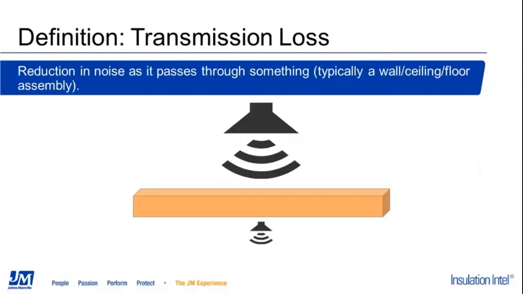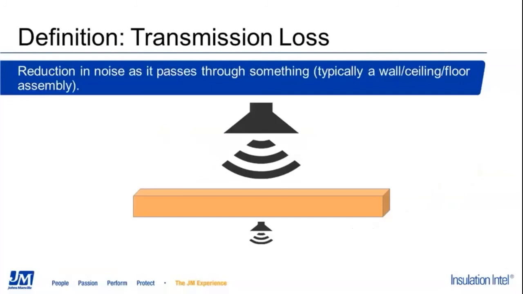Another commonly used characteristic of noise systems and noise reduction systems is transmission loss. And this is typically looking at the amount of reduction in noise as it passes through some type of an assembly. Very often that might be a wall or a ceiling or a floor in a building.